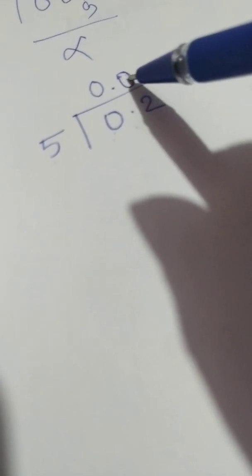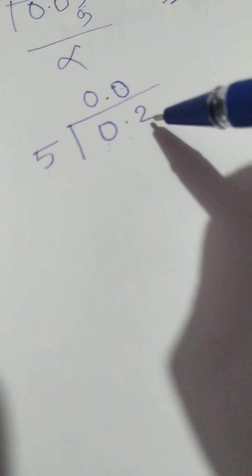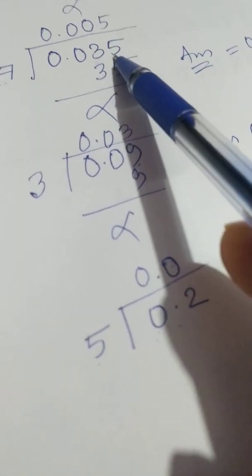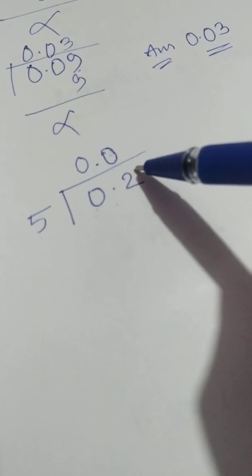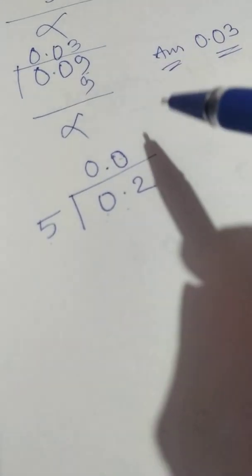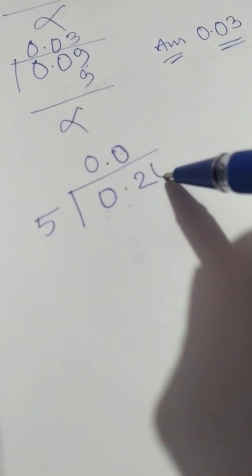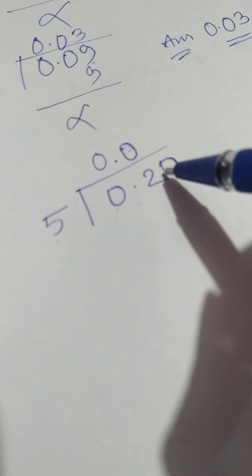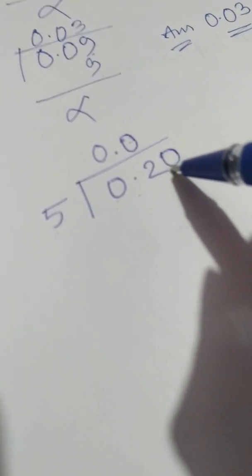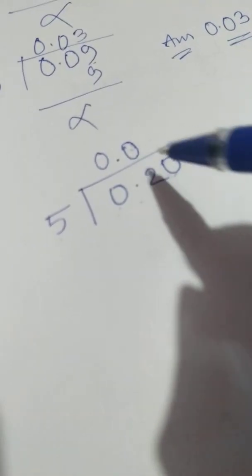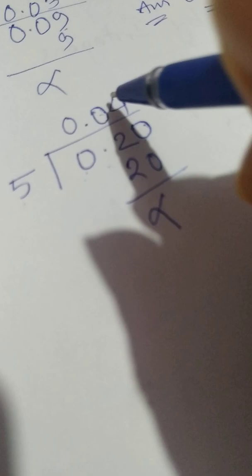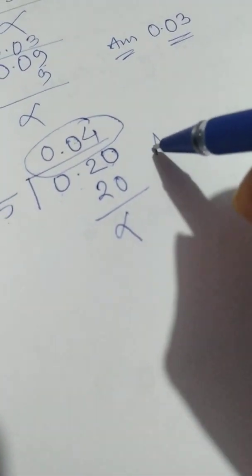In the previous ones there was another number, but since over here there is no number, we need to consider that there is a 0 over here. So 5 into what is 20? 5 into 4 is 20. Okay, so answer is 0.04.